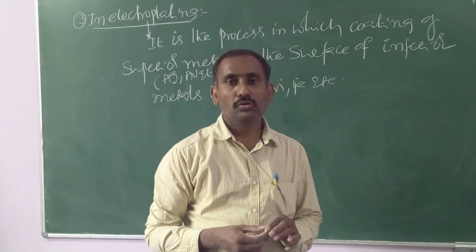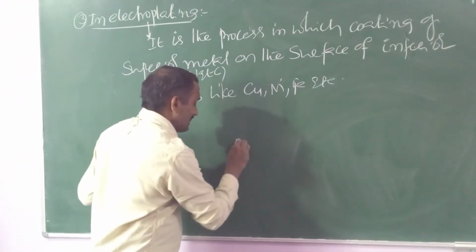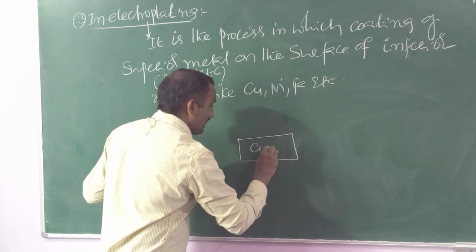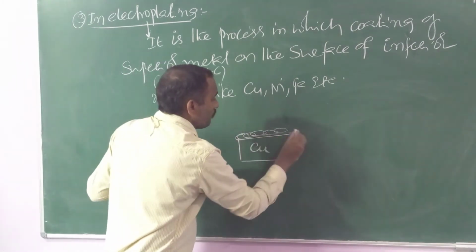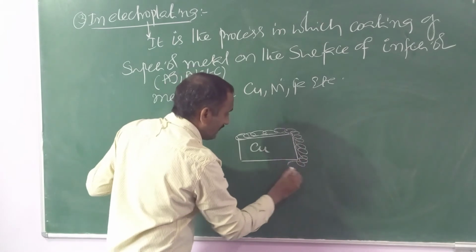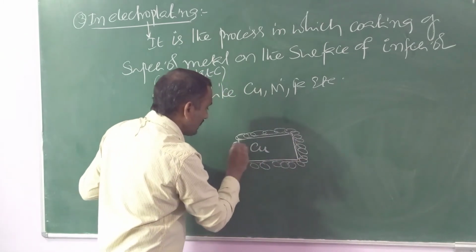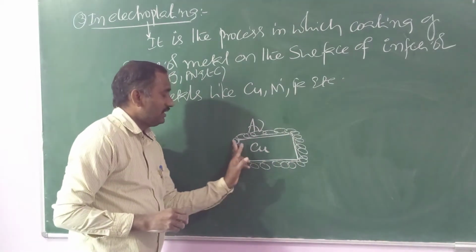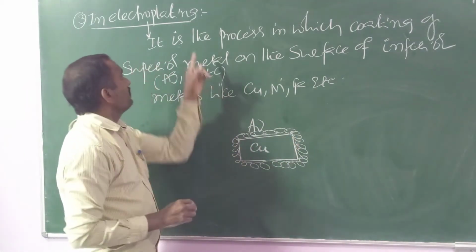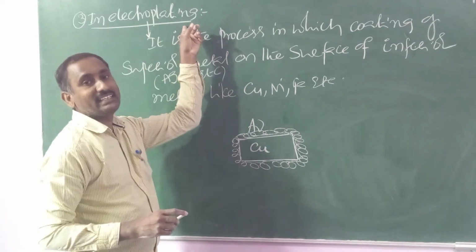Rolled gold ornaments mean copper metal is inside, and on the surface of the copper metal, gold is deposited. So on the surface of copper metal, gold can be deposited by using the electroplating technique.